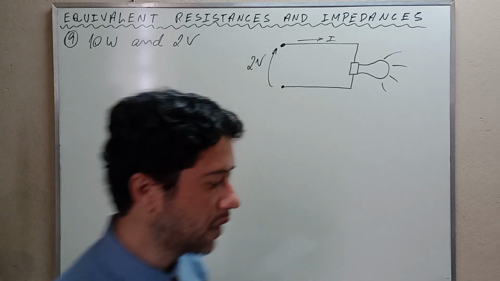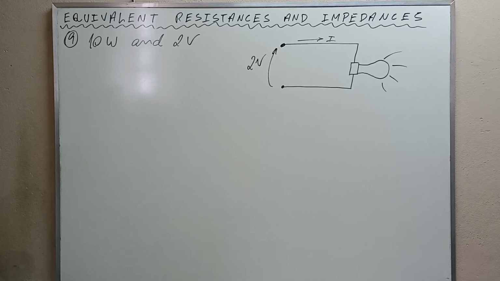Exercise number 9. A label placed on the base of a lamp displayed the following information: 10 watts and 2 volts. Using this information, calculate the lamp's equivalent resistance and the current it draws. This is the question. Let's go to the solution. Remember that for a purely resistive circuit, the following is true.